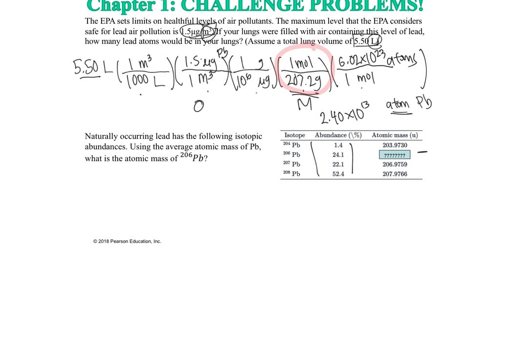Okay, so we know that the average mass for lead is going to be equal to the fraction of lead-204 times the mass of lead-204 plus the fraction of lead-206 times the mass of lead-206, and so on. So we're going to fill that out. And remember, the fractions are going to be the percent abundance divided by 100.